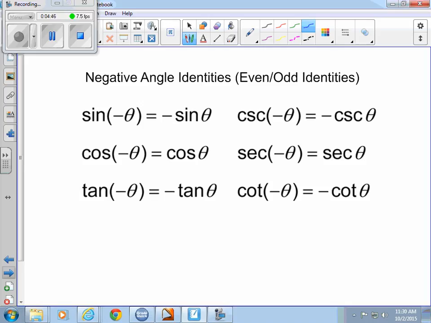So if we look at a sine graph, right, if I look at the sine of pi over 2, that's the same as negative sine of negative pi over 2. In other words, they're opposite signs. An odd function looks like that. So this is why these are called the even odd identities as well as the negative angle identities.